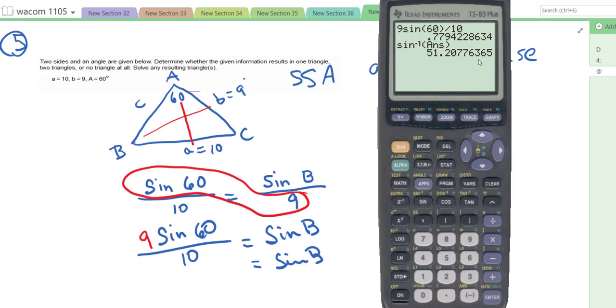I'm going to write what these pieces were, and they want the angles to be 2 places.